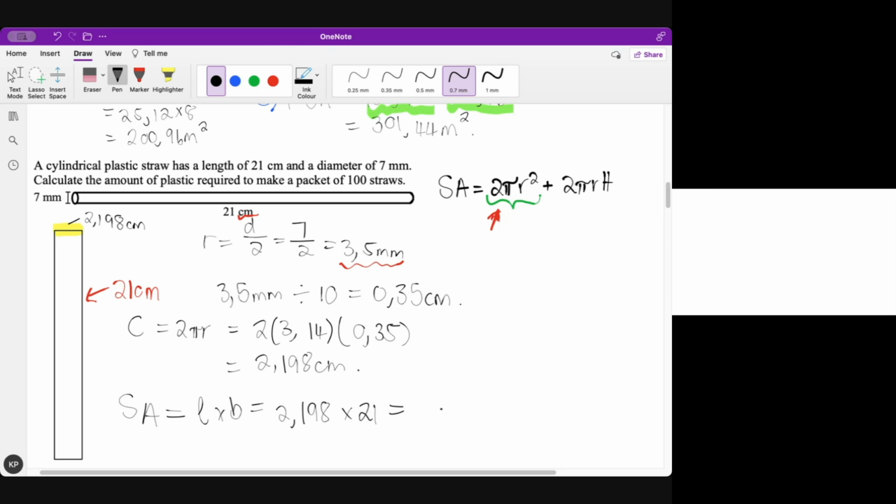Let's work out our surface area. 46.158 centimeters squared.